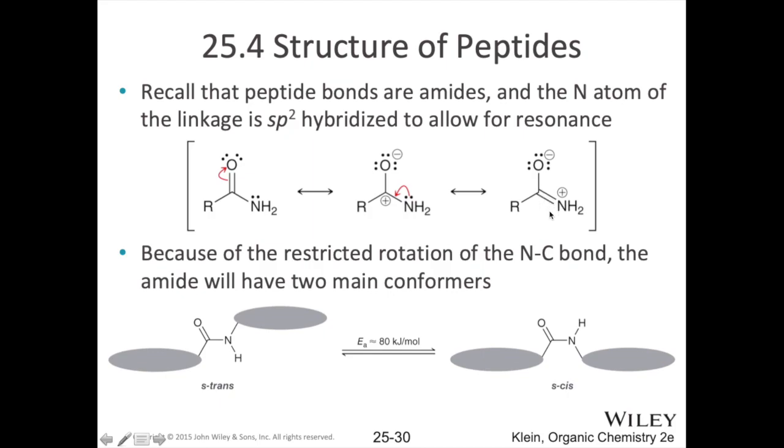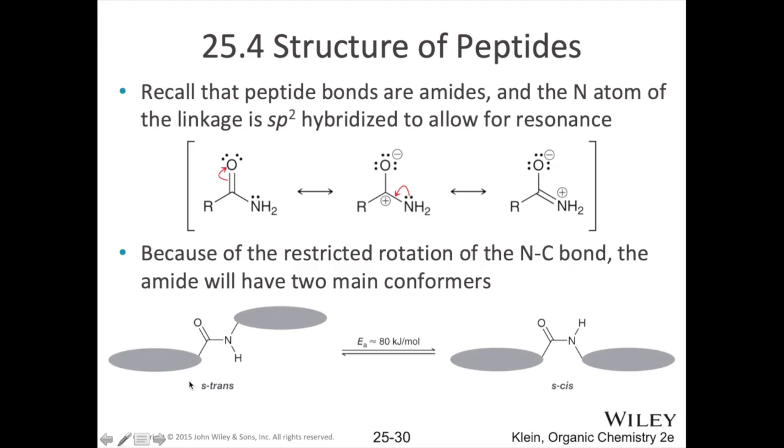Okay, so it's kind of easy to forget because usually you just have it drawn as a single bond, and so you would think there would be free rotation around that single bond, but there's actually a larger energy barrier to that than you would expect, somewhere in the ballpark of about 80 kilojoules per mole. So just realize that you can get your peptide bond locked into one conformation versus another.